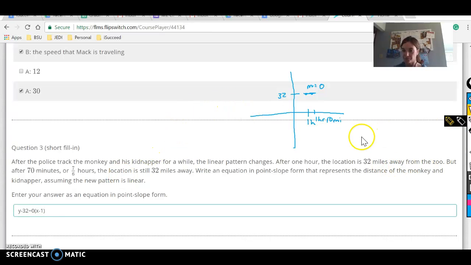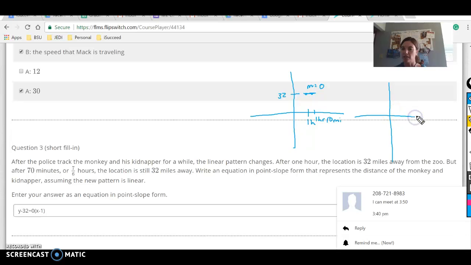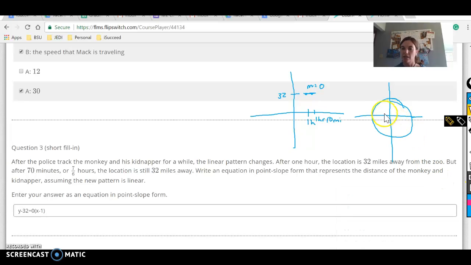They could be not going anywhere, just staying in the same place, or they could be going around in a circle. Either of those things would work in that 32-mile radius circle, but it's probably more likely that they just didn't go anywhere.